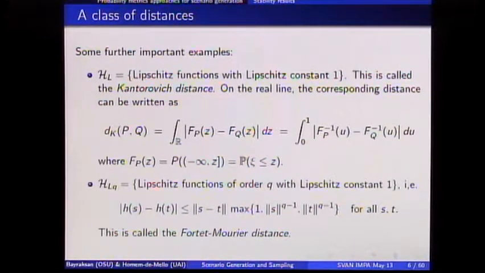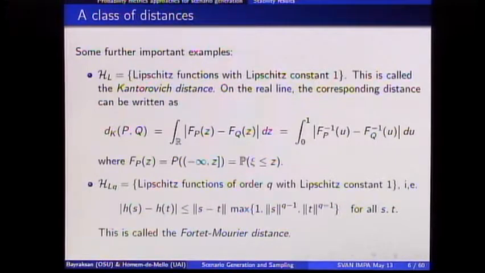Let's say Lipschitz of order 2. We are essentially saying h(s) minus h(t) has to be less than the norm of s minus t times the maximum between 1, the norm of s, and the norm of t. That would be a Lipschitz of order 2.